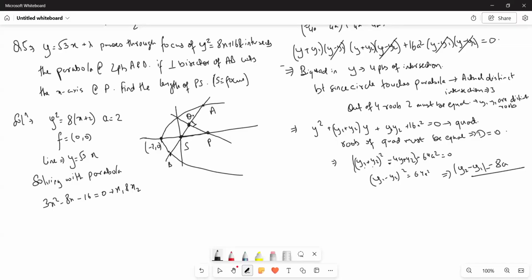It will be the midpoint of AB. So the x coordinate of Q would be (x1 plus x2) by 2. But how much is x1 plus x2? Sum of roots, 8 by 3, so by 2 the x coordinate becomes 4 by 3.